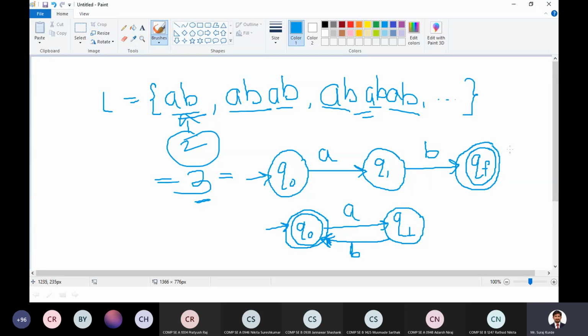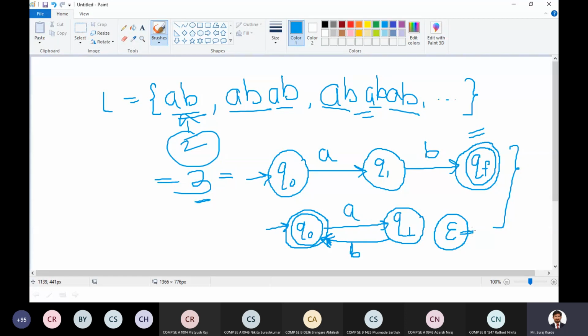Now, what is the difference in these two? Epsilon. Which one will accept epsilon as input? The second one. Second, right. The second will accept epsilon as an input.